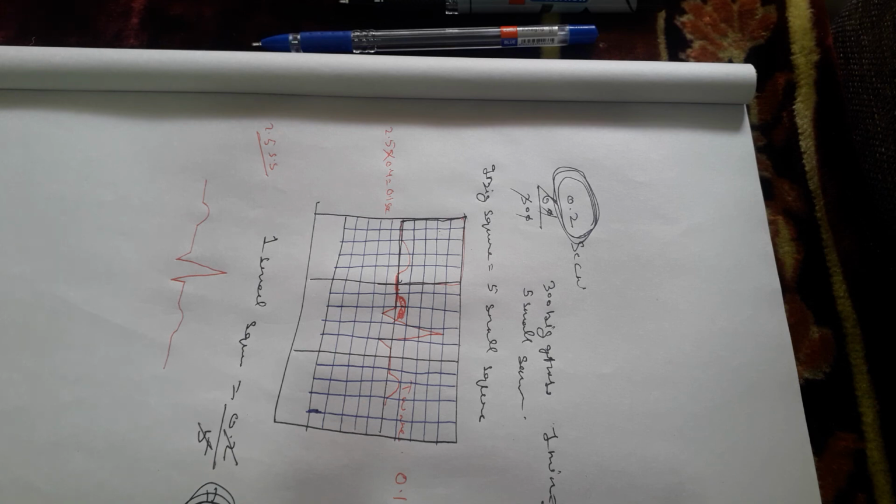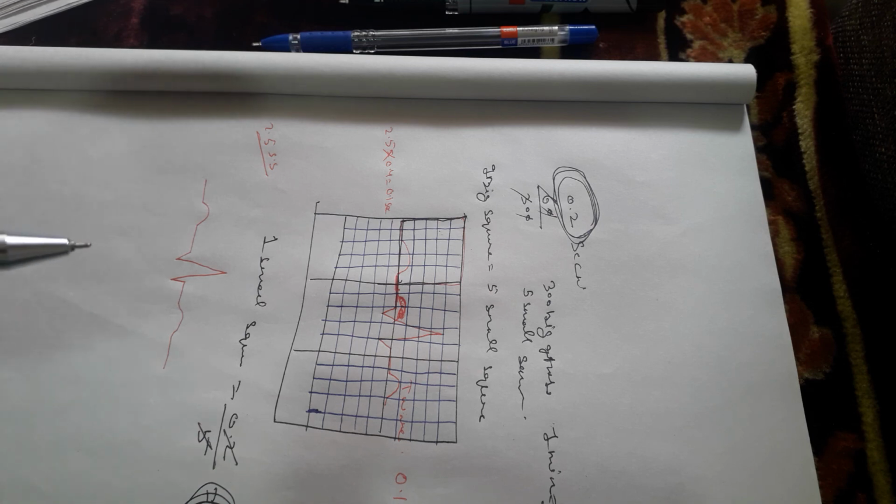And there are two or three types of leads. Number one is the unipolar lead, number two is the bipolar lead, and number three is the chest lead.